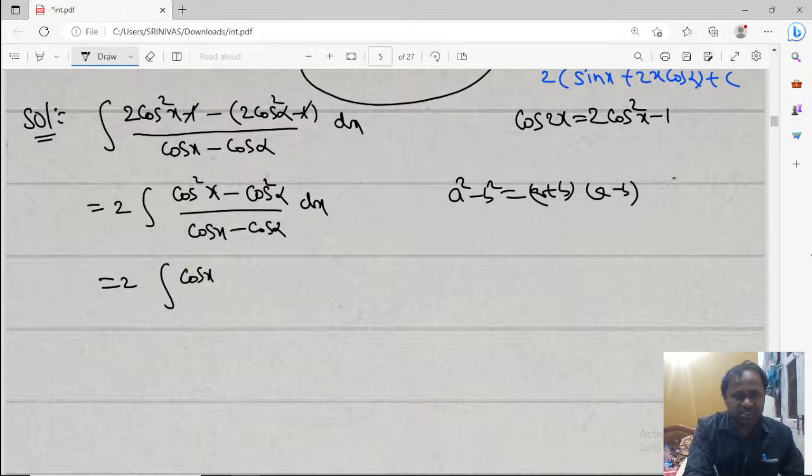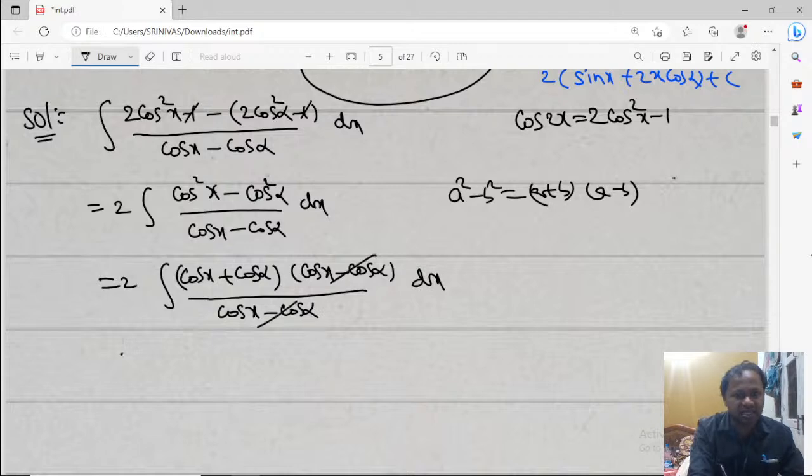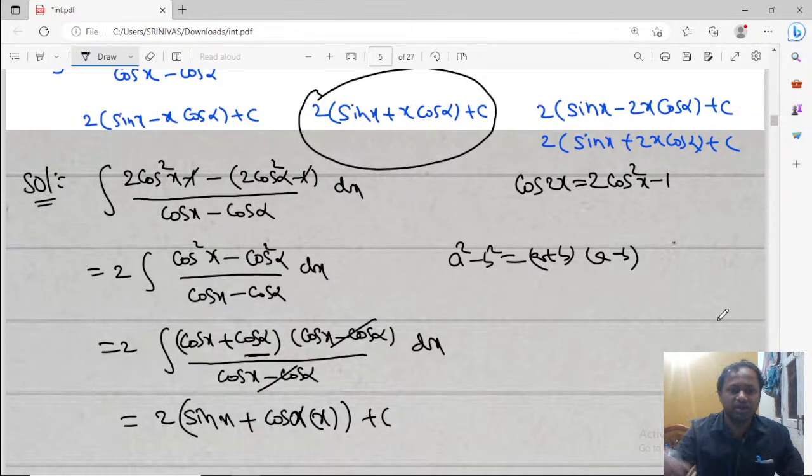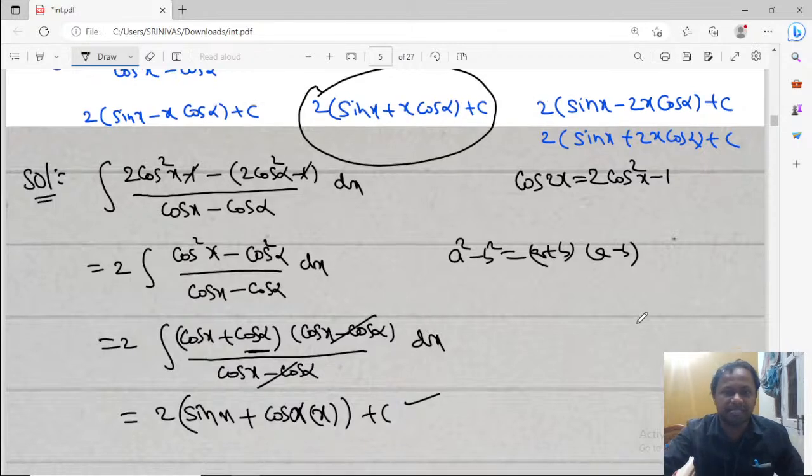So cos x plus cos alpha into cos x minus cos alpha divided by cos x minus cos alpha into dx. These got cancelled. 2, what is integration of cos x? Sin x plus cos alpha is constant, cos alpha outside, integration of dx is nothing but x plus c. So the answer will be 2 into sin x plus x cos alpha plus c. This is as it is a theory question.